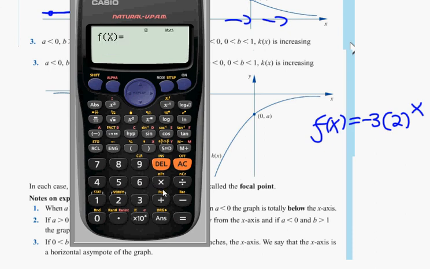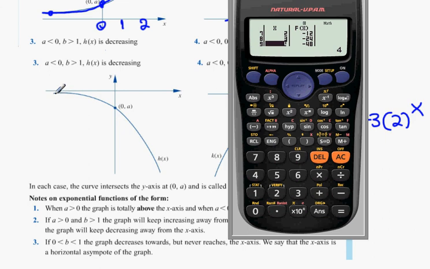Once again into the calculator function, going from minus 4 to 5. Look what happens this time. It starts off close to the x-axis in the negative part, and then as x gets bigger, it becomes more and more negative. Everybody happy with that?